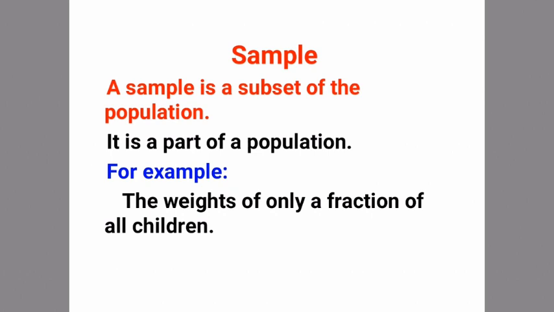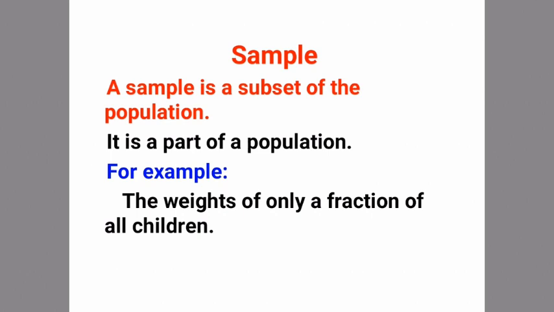In this situation, we usually randomly select part of the observations to research. Those observations which were selected from the population are called the sample. So a sample is a part of a population. It is a subset of the population.